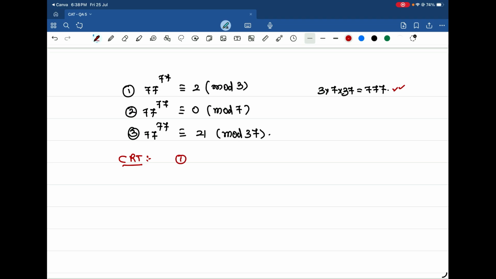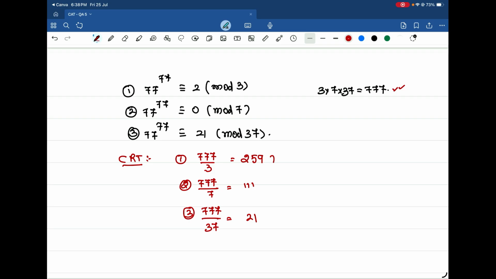First, when 777 is divided by the first factor 3, the answer is 259. Second, 777 divided by 7, because these are all factors, they are divisible, 111 is the answer. 777 divided by 37, the answer is 21.